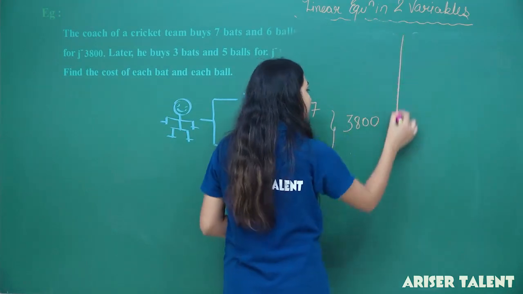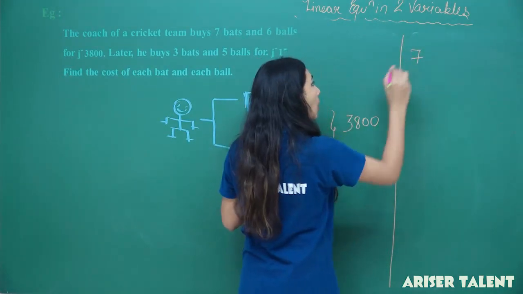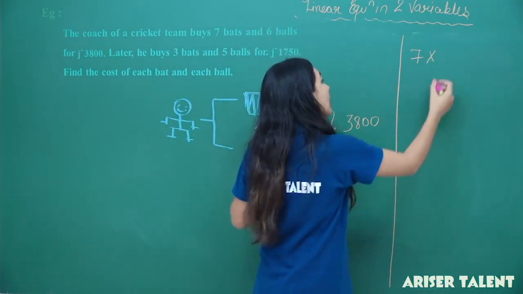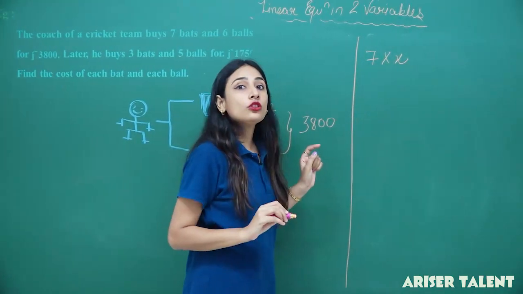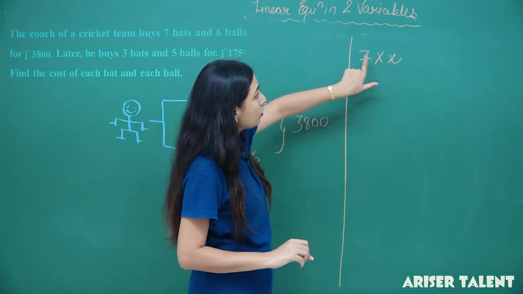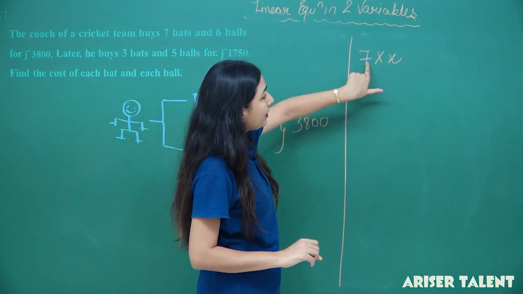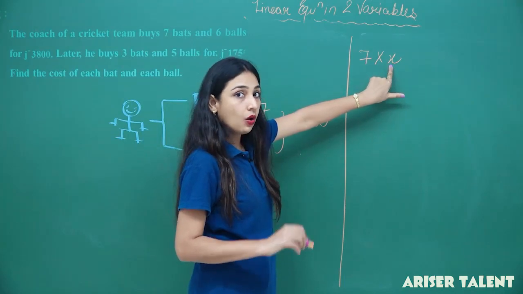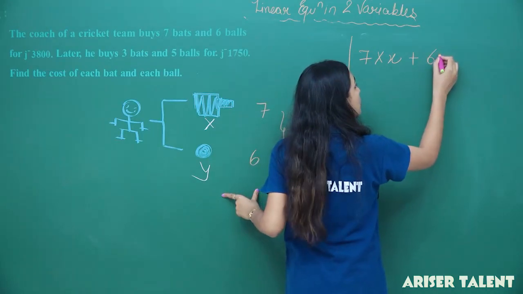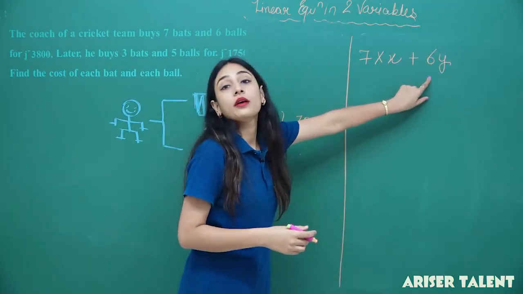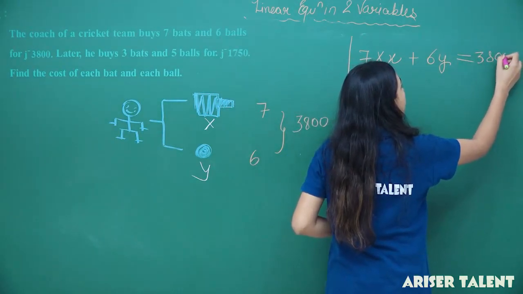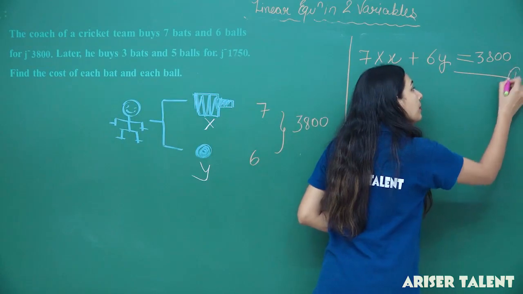It's saying that the number of bats multiplied by the amount, I have assumed each bat costs me X rupees, so that will be 7X. In addition there are 6 balls also. Each ball costs Y rupees, and the sum total is 3800. Now, this is my equation number 1.